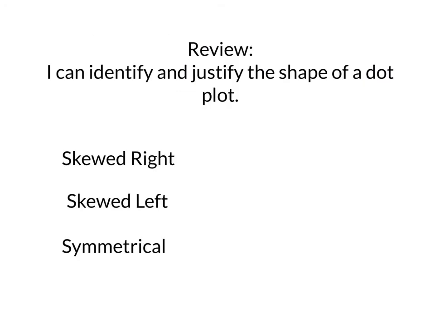We're going back and looking at your I can statement, your learning target. What you need to get out of this video is being able to identify the shape of a dot plot using these three vocabulary words: skewed right, skewed left, or symmetrical. And you can justify why a dot plot is skewed right or skewed left or symmetrical.